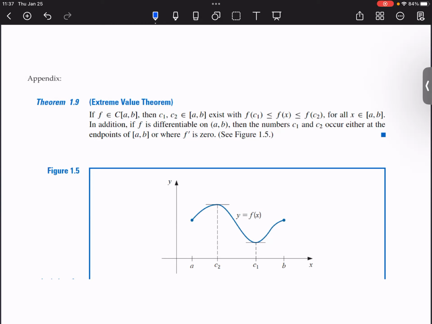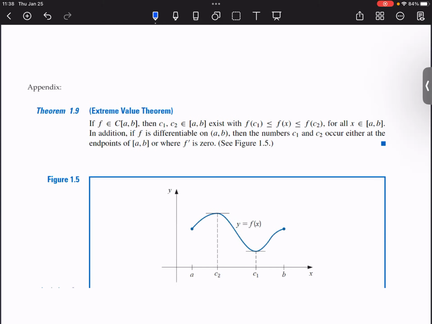In the completed notes, I will also include this appendix, so you don't need to copy it here. For now, you just need to know that for a continuous function, you can find the maximum and minimum points on that interval.